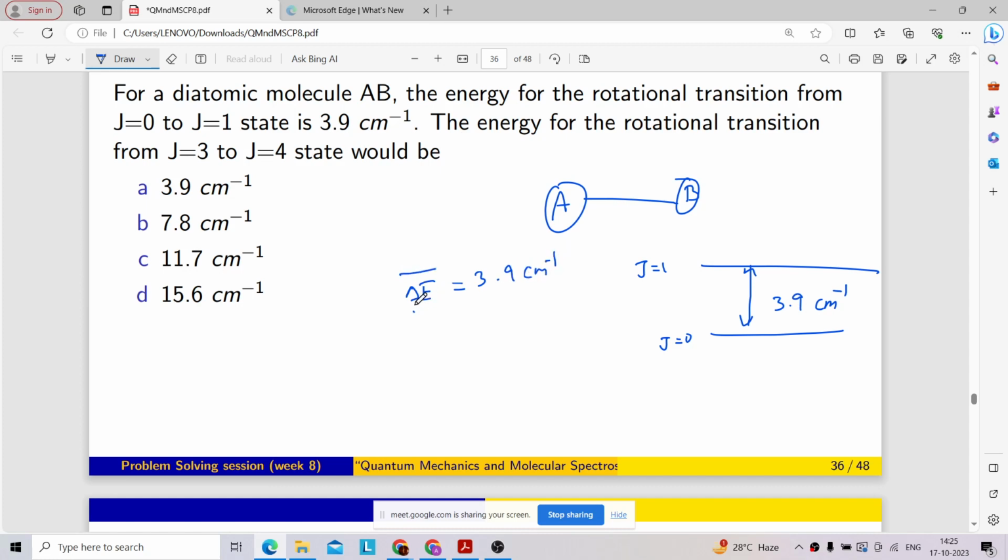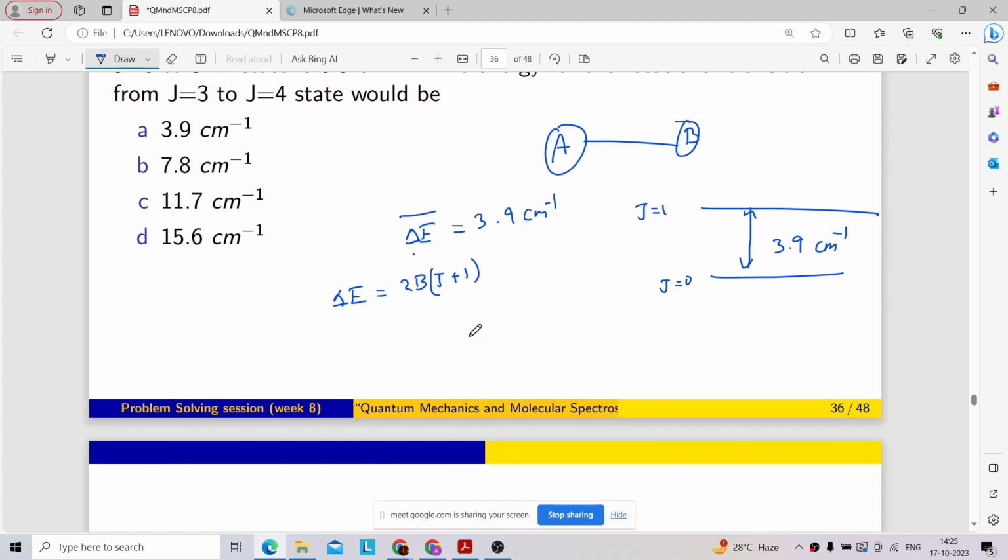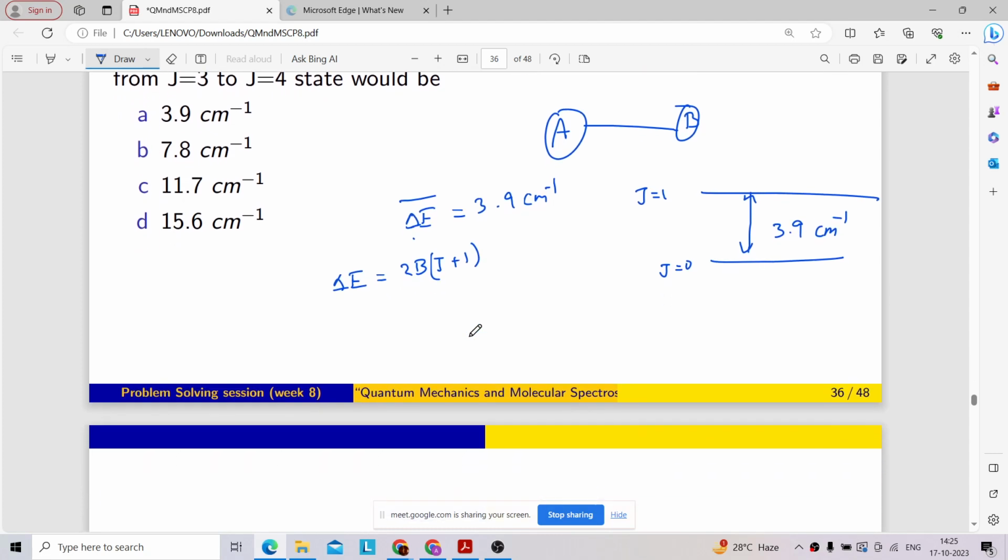Let me write it as delta E bar. Now delta E, for rotational spectroscopy, we can write as 2B times J plus 1. For rotational spectroscopy, energy will be B times J into J plus 1, right?